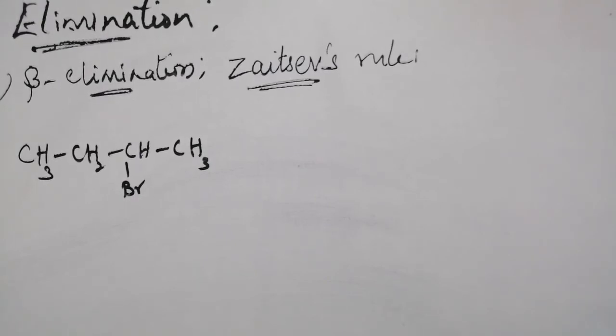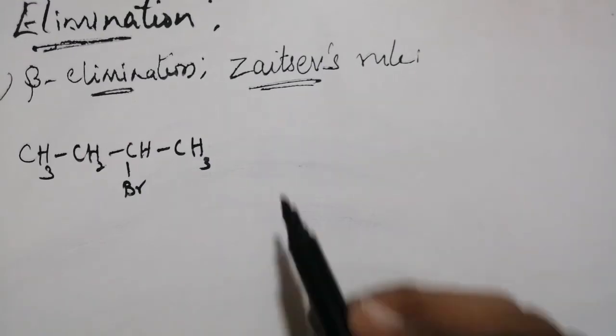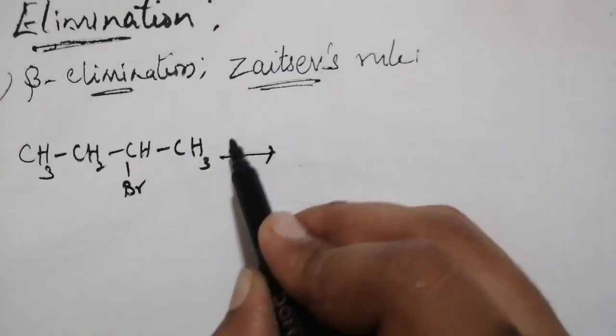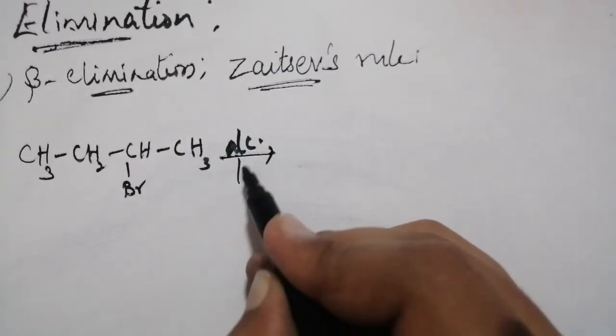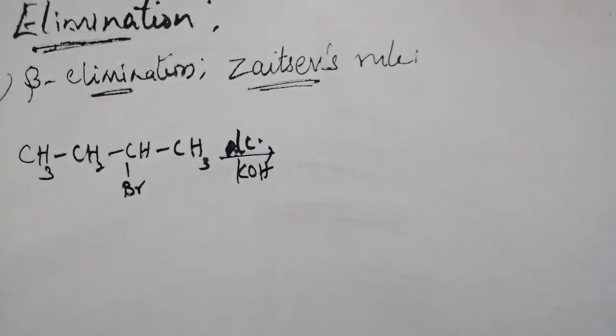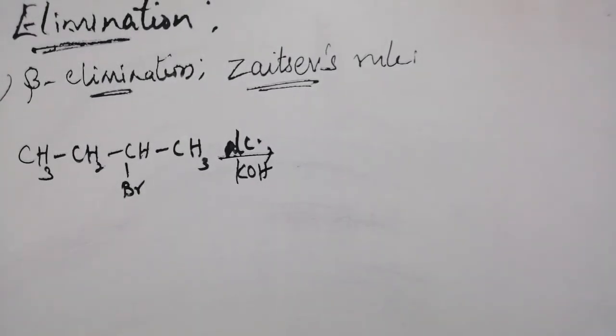This is butane, that is 4C, with a bromine atom. So it is bromobutane. I am adding this with alcoholic KOH, alcoholic potash.